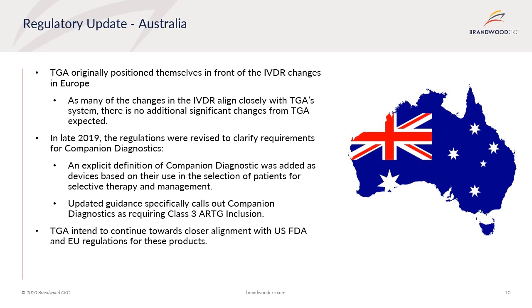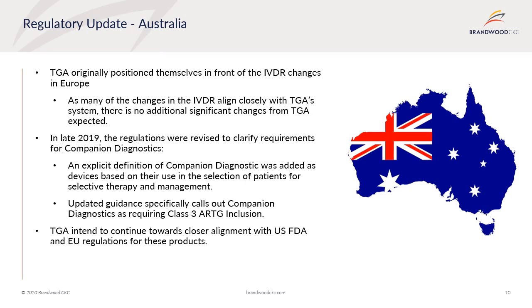The one comment I will make is that the TGA is very adamant about being close to alignment with FDA and the US. So as we see changes in either of those two jurisdictions, we can expect, or maybe think about whether or not, Australia is going to make similar changes.